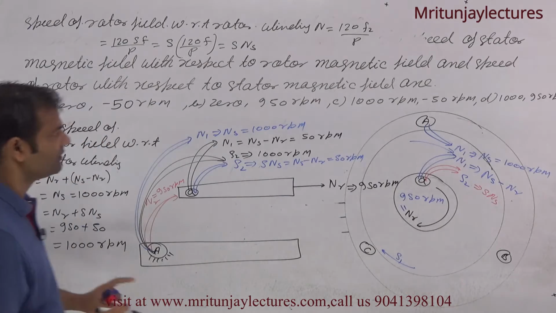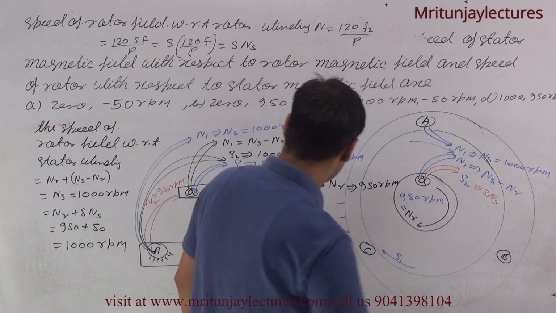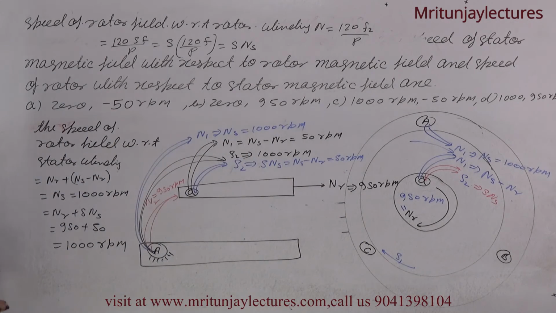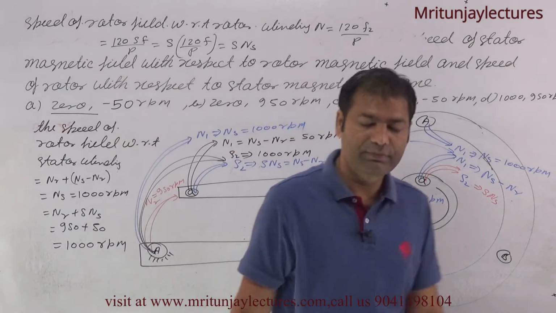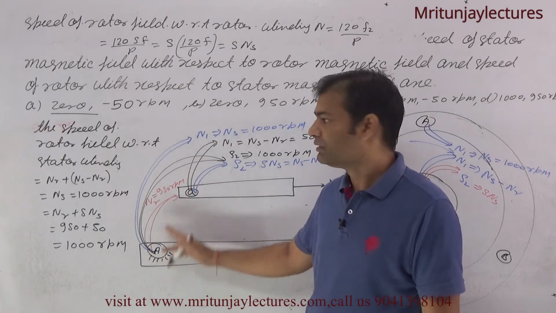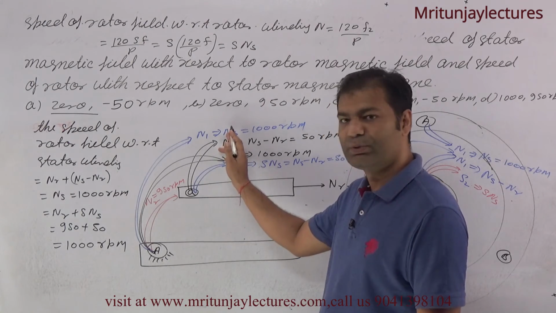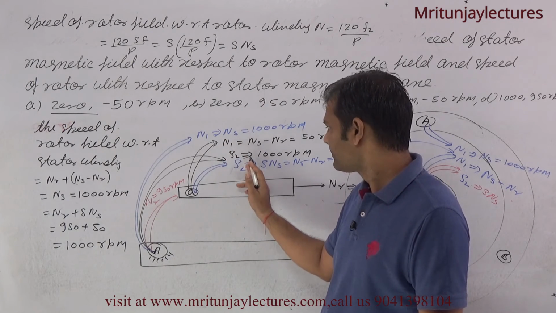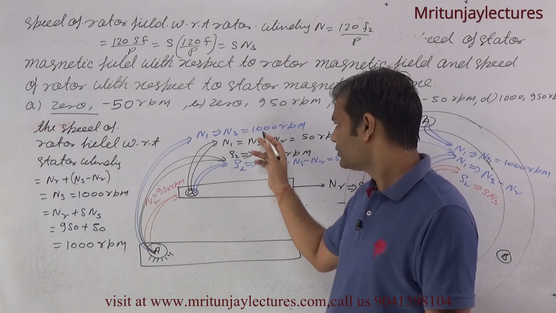So the relative speed between the stator field and the rotor field is 0. Both are stationary relative to each other, because both speeds are the same.